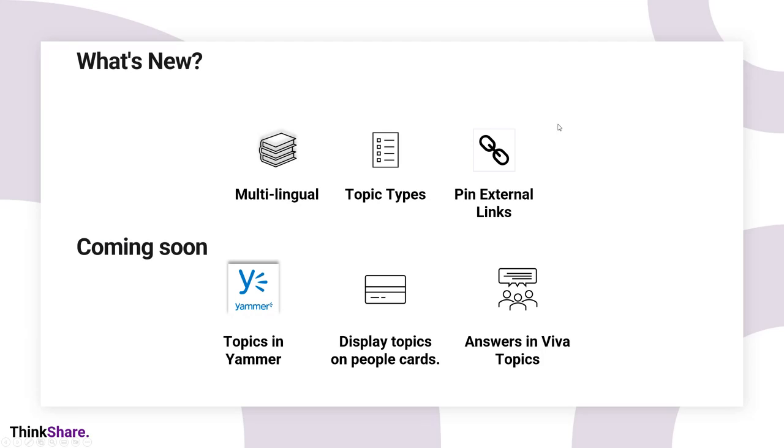What I wanted to give you an idea of is the investment that Microsoft have put into Viva Topics. I did show you a few things that have just been released within the last 6 months. The multilingual support wasn't there on launch, so that's been added, which is important for customers that aren't English speakers, or if you're a multinational corporation that speaks the 4 other languages that are available at the moment.